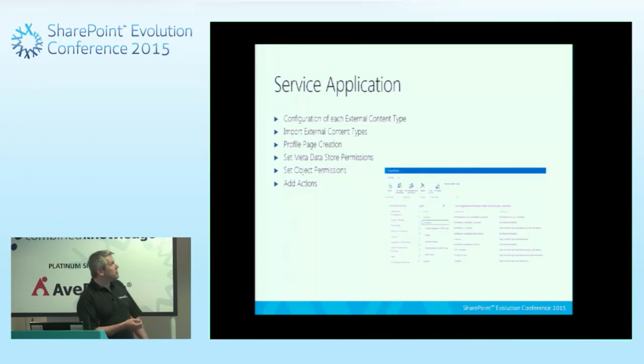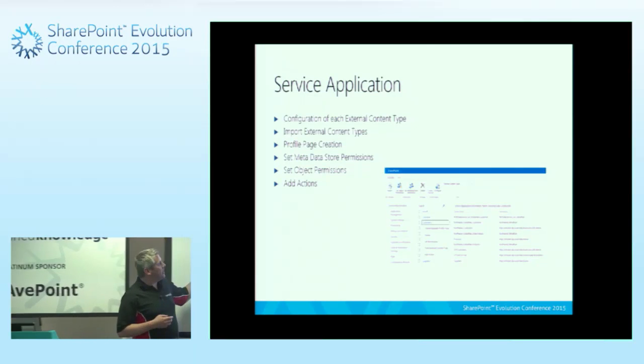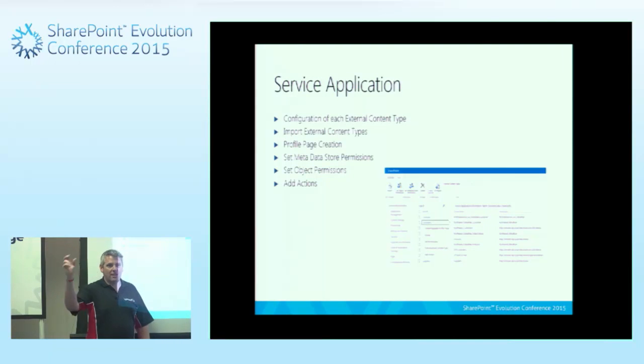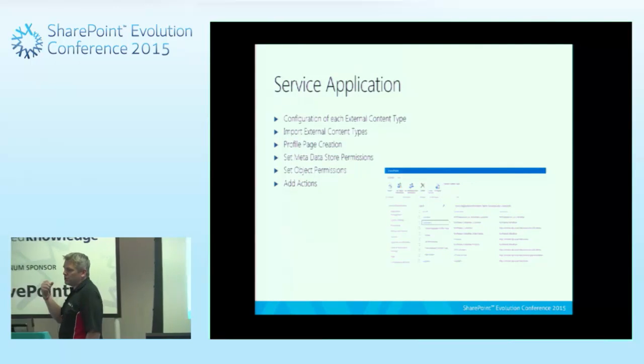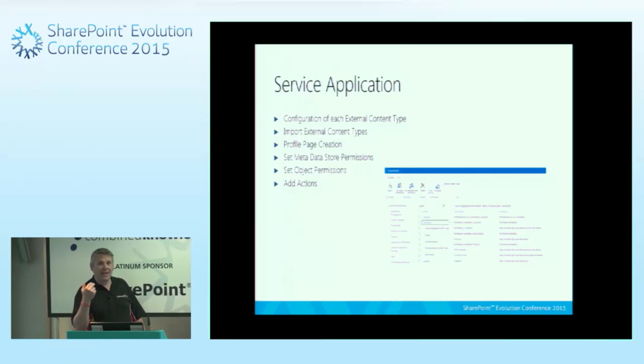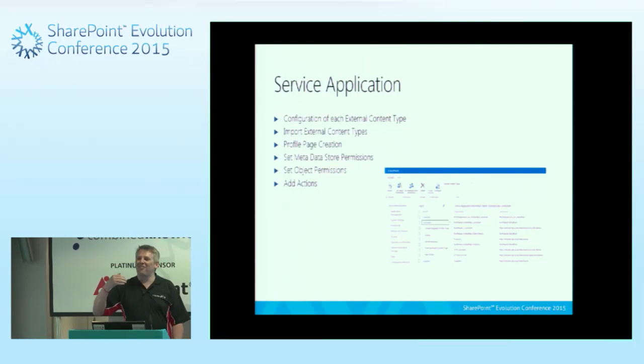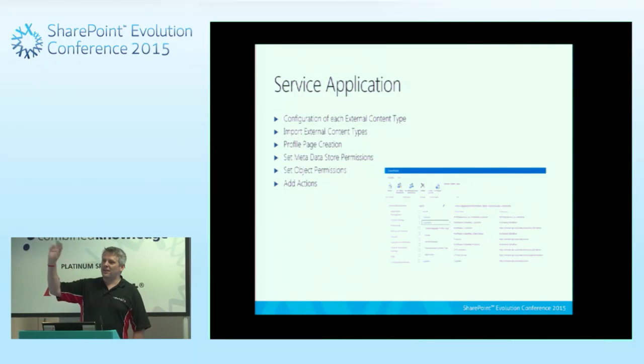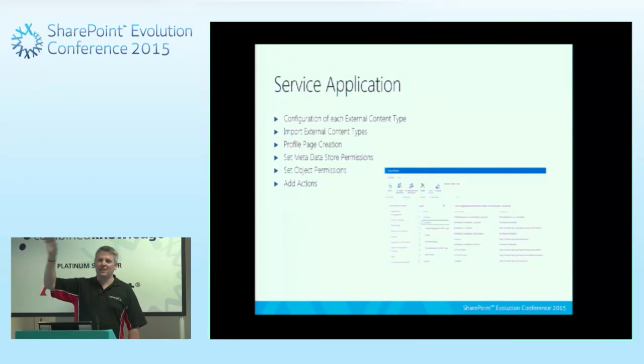So you can set permissions in there, you can build the profile pages, you can also add actions. Actions are great. They're basically URLs with a parameter. You can pass any column to the URL. So if we go to Bing and we search on a customer, it's going to have the parameter at the end in the address bar.